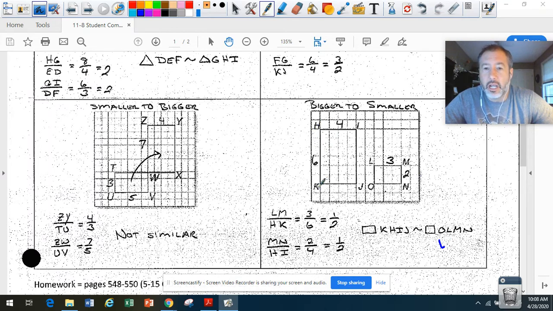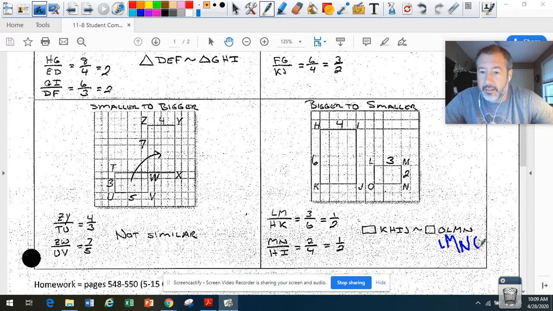And then I like H going with M. I like I going with N. And then the J here goes with the O.